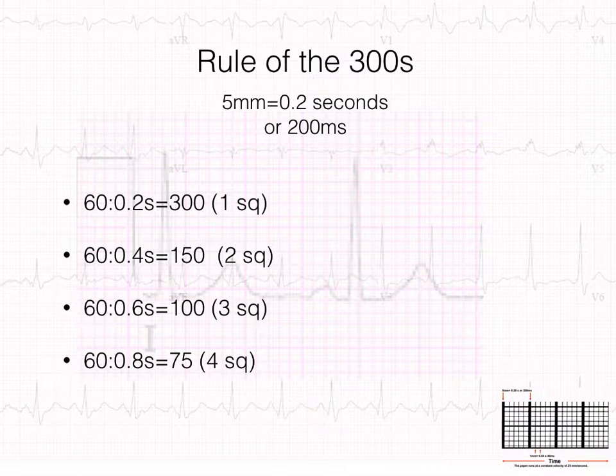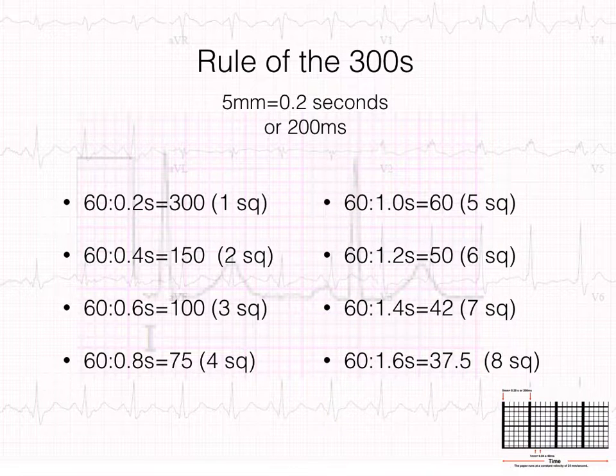Then if it is 2 squares, it's 60 divided by 0.4 seconds, which is 150. Then 3 squares, 60 divided by 0.6 seconds, is 100, and so on. For example, 4 squares, 75, and then 5 squares will be 60, 6 squares will be 50, 7 squares in between will be 42, and 8 squares in between will be 37.5.